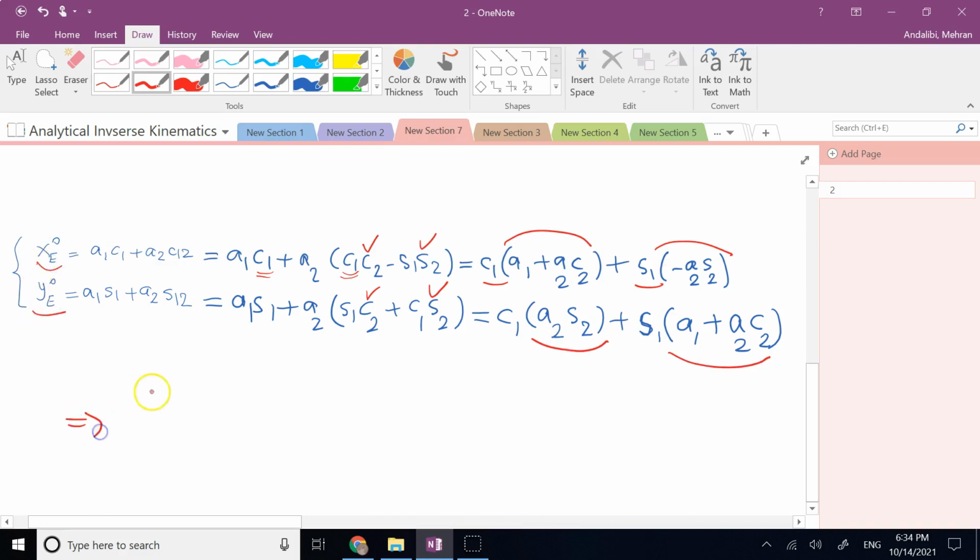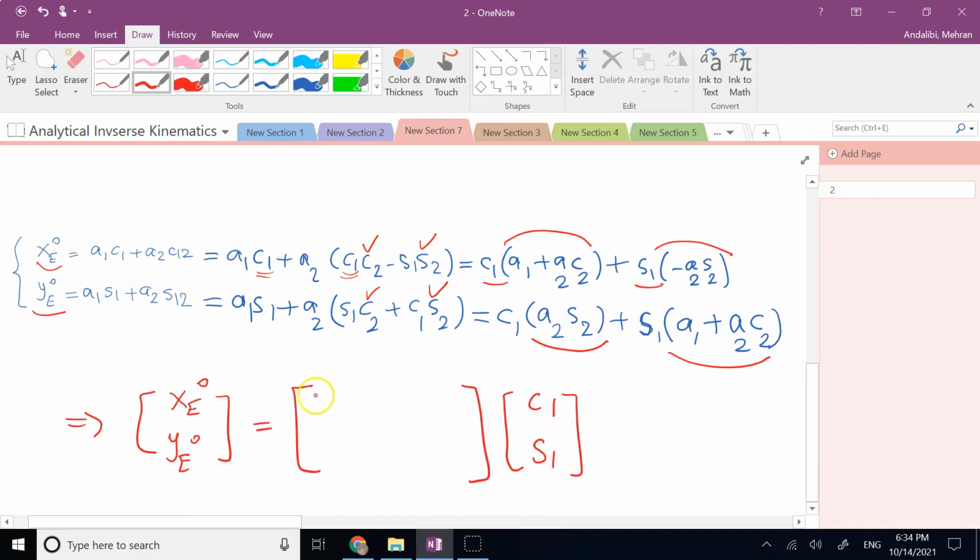So you can write it in vector format or matrix format as XE and YE are a coefficient matrix times what? C1 and S1.